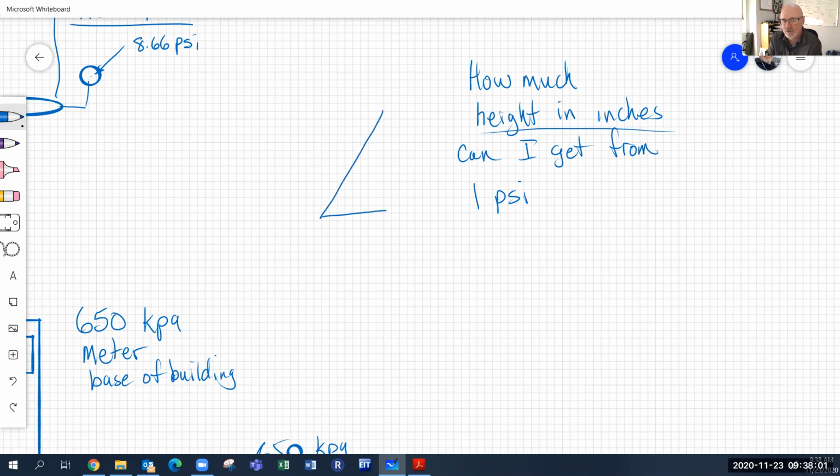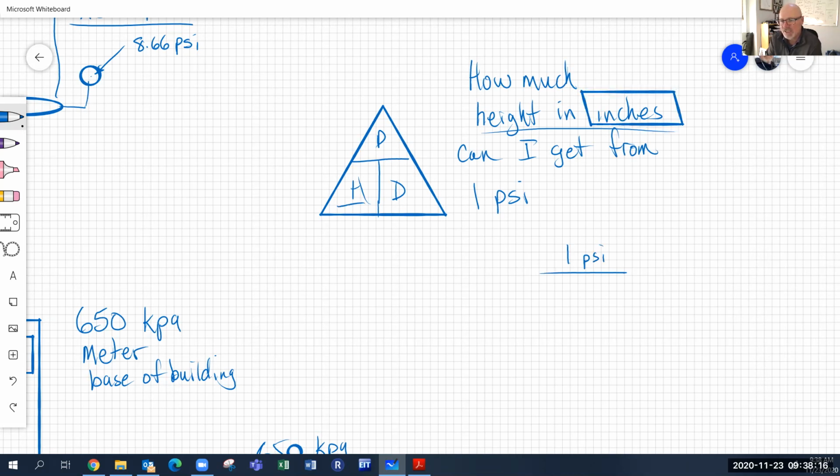Using my formula triangle with pressure, height and density, I take 1 PSI and divide it by the density, since I want my height in inches, 0.0361 PSI per inch. That's going to equal 28 inches of height.